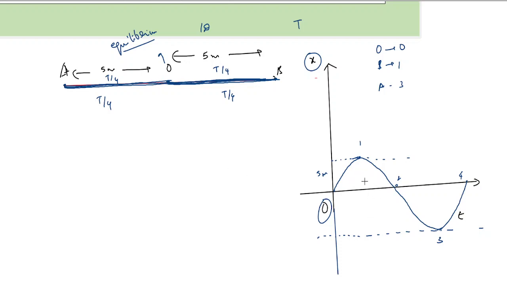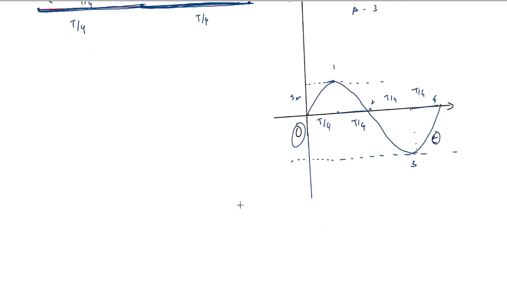If this is time on the axis, the time taken till this point will be T by 4. Time taken to go till here will again be T by 4, and so on for each block. Now this complete motion is called one cycle.